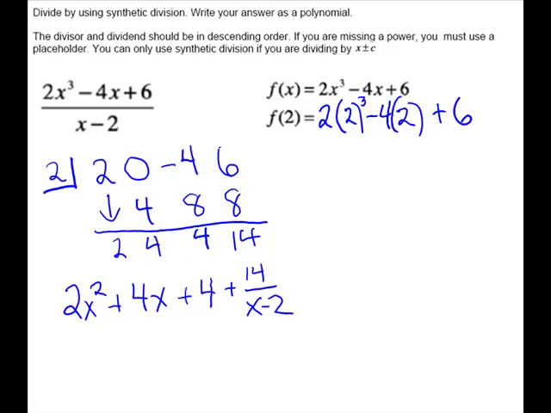So we have to do the exponent before we multiply. So this would be 8 times 2 is 16 minus 8 plus 6. So 16 minus 8 is 8 plus 6 gives us 14.